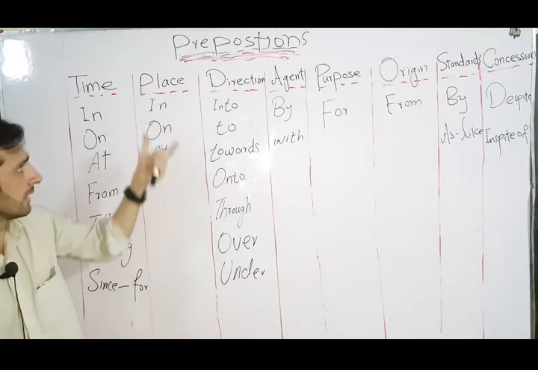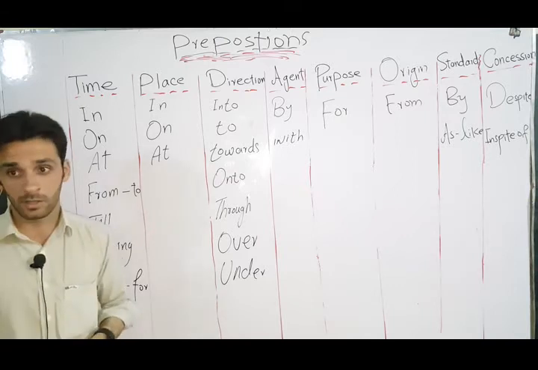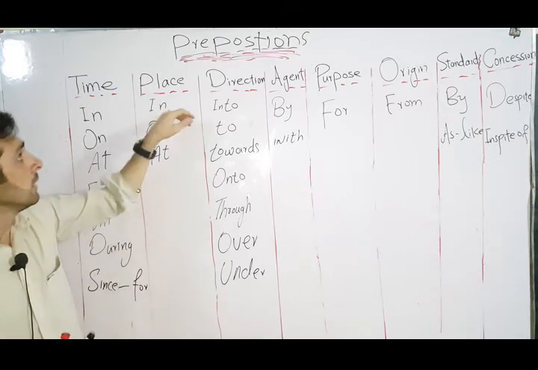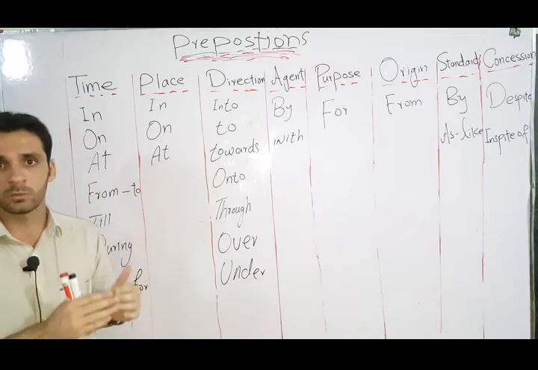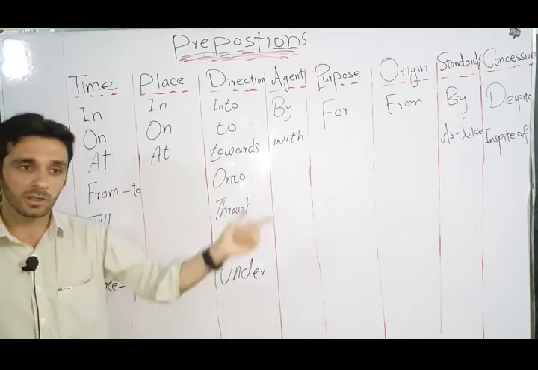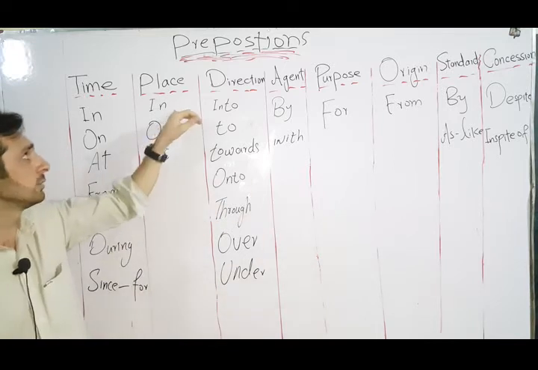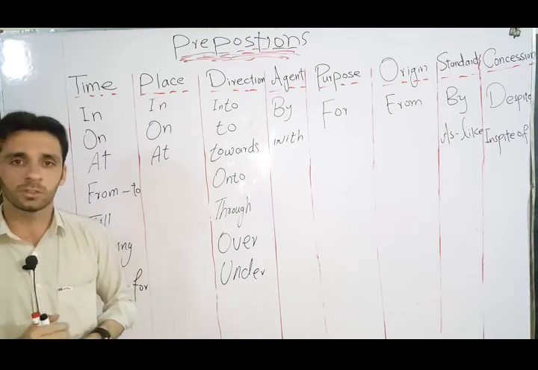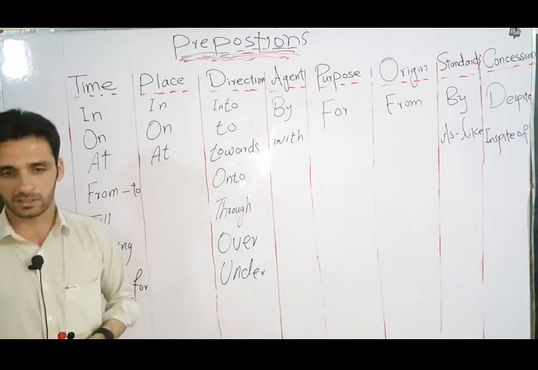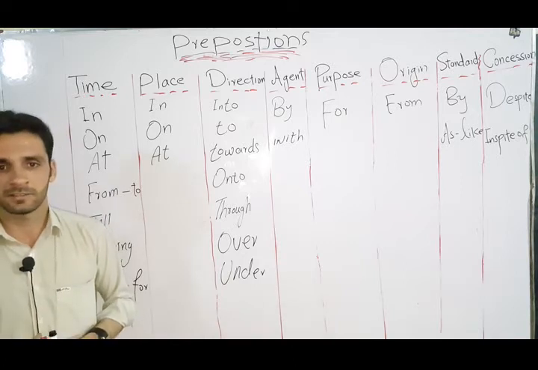Now let's apply the prepositions of place to that scene. We were in the hall. If we say we were in the hall, it means that we were in an enclosed area. So we will use in. On is used when we want to show the position of an object which is placed on a surface area.